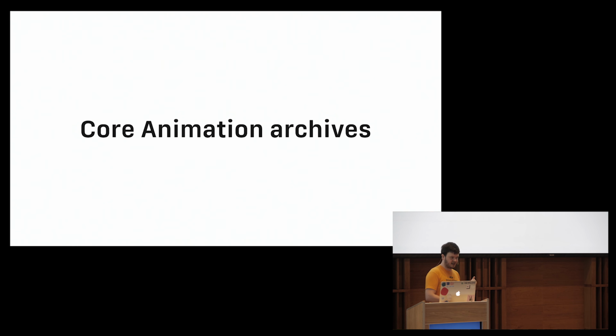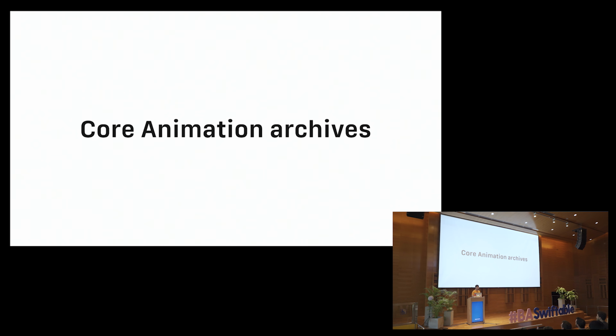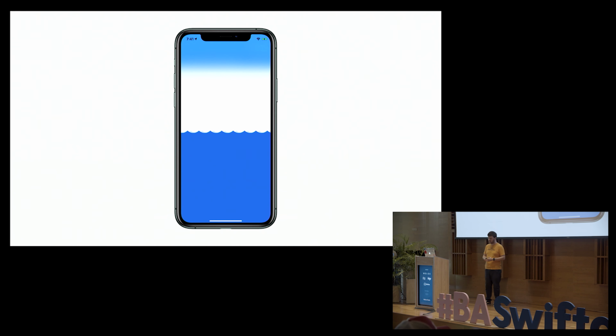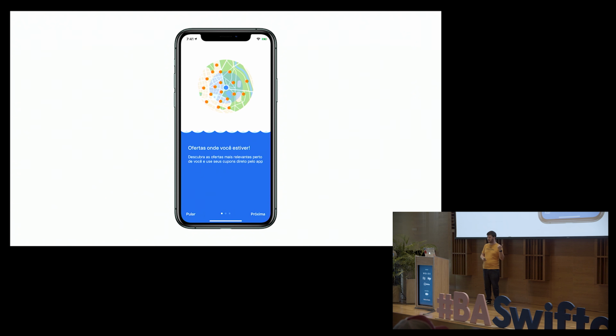So another technique I'm going to briefly talk about is Core Animation Archives, another thing I'm a fan of. I have a blog post about it, and I also gave a talk at AltConf about Core Animation Archives, so I'm not going to go into detail here. But if you have an animation that could be a video, like this onboarding I made, this could be a video file, but if you do it using Core Animation Archives, you can have it be a vector.